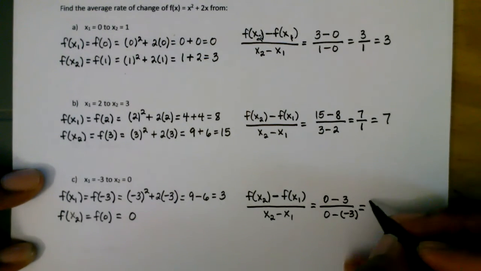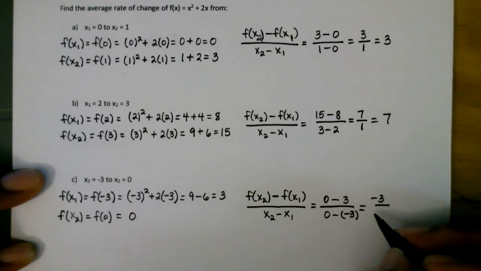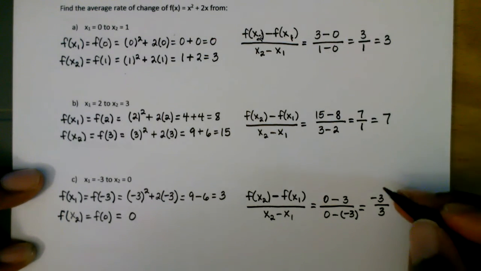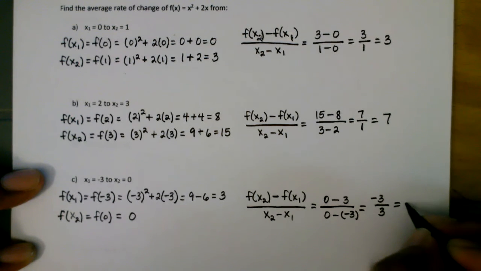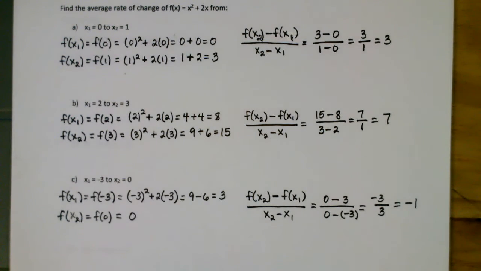And in this case, 0 minus 3 is -3, divided by 0 minus a -3, or 0 plus 3. That's going to be 3. And then -3 divided by 3 is -1. So here the average rate of change for this function from those two x values will be -1.